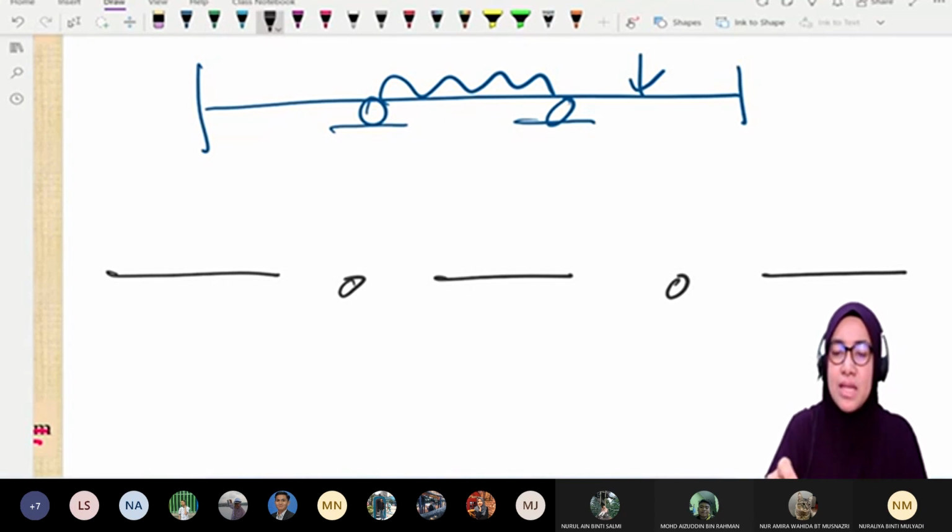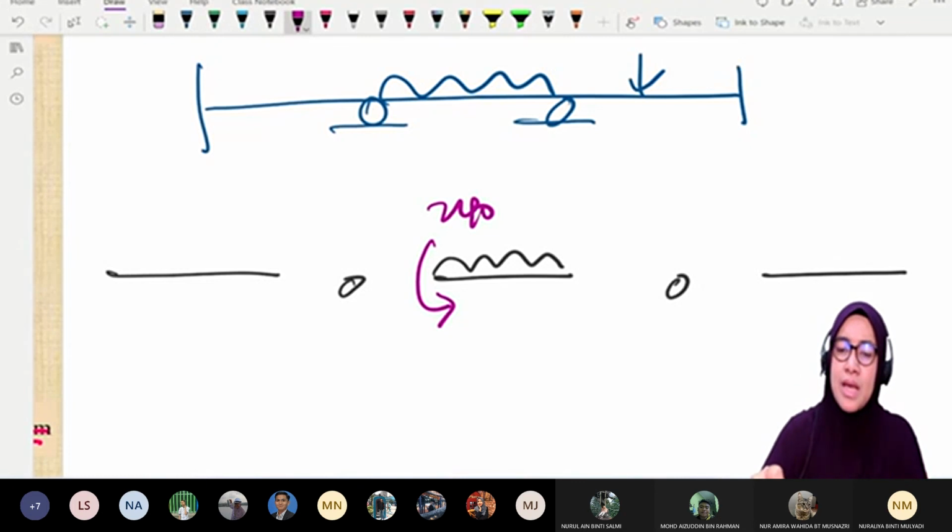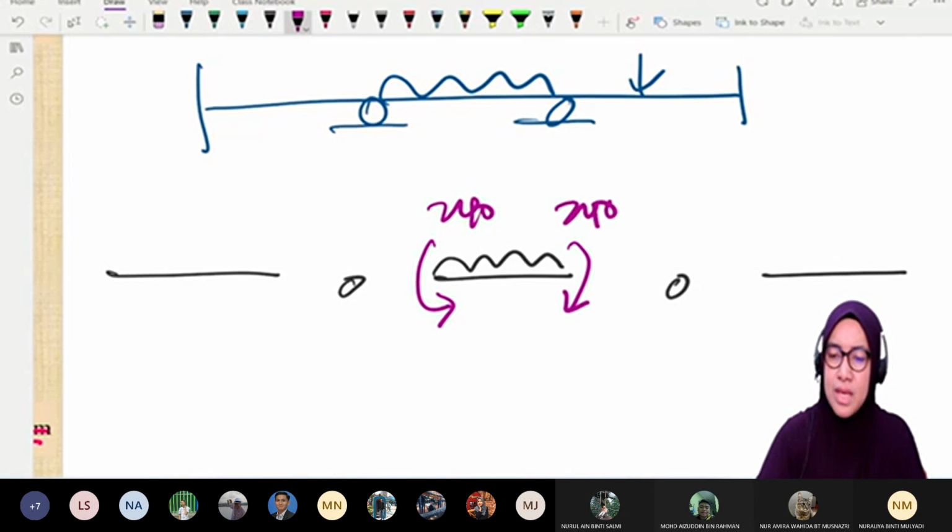For the UDL, we get FEM negative 240 because of this loading. This is 240. And then we get another one here, 240 as well.